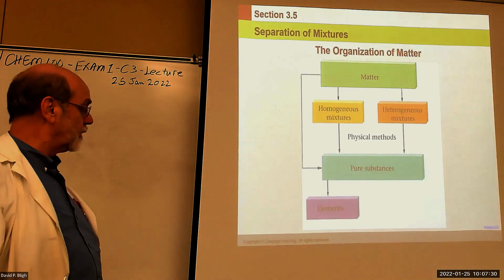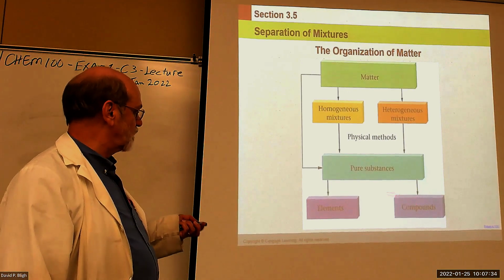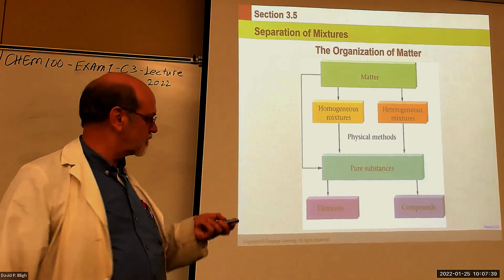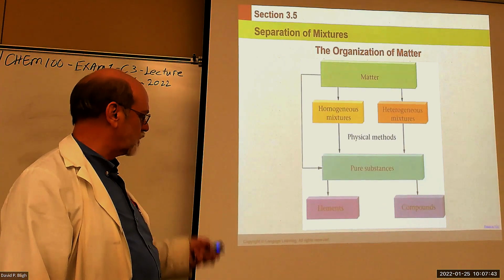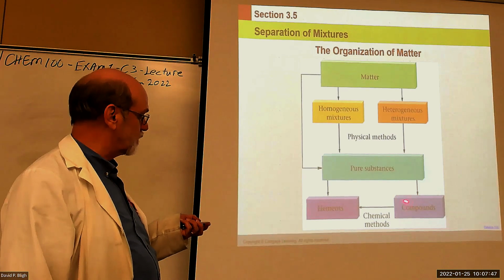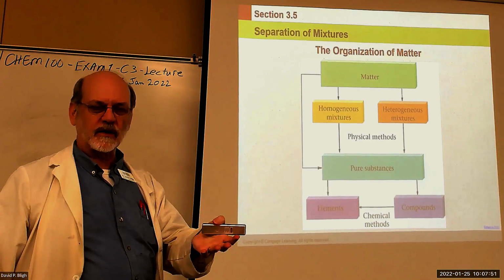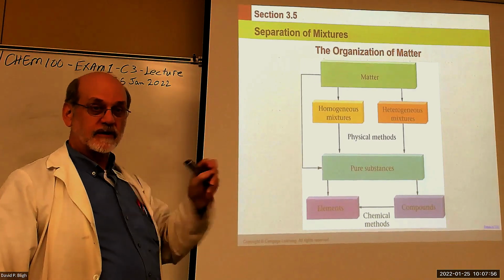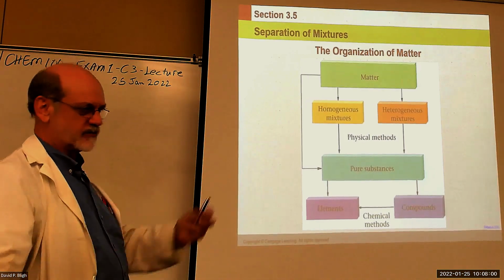But if you've got a pure substance, it's either a compound or an element. And the only way to bridge the gap between compounds and elements is with chemical means. Chemical methods can be used to separate elements from compounds, just like our electrolysis of water. We used a chemical means. We drove a direct current through it, and the electrons did the work for us, separated oxygen from hydrogen.